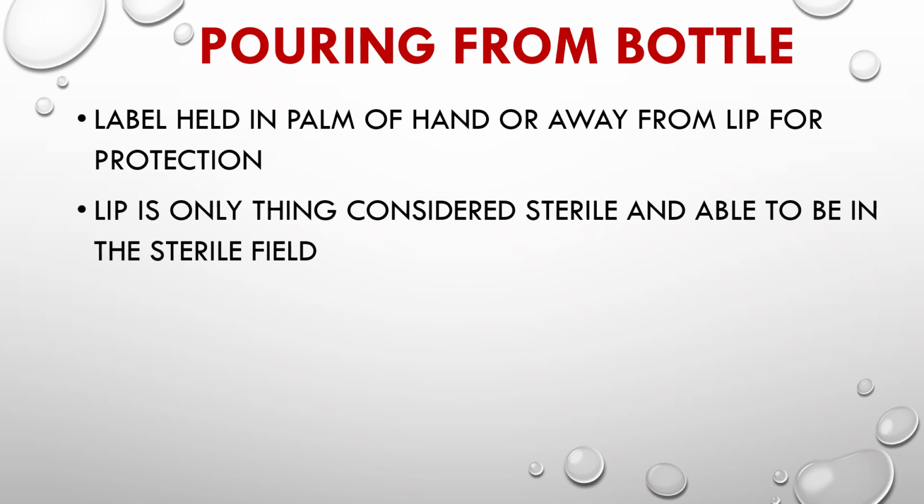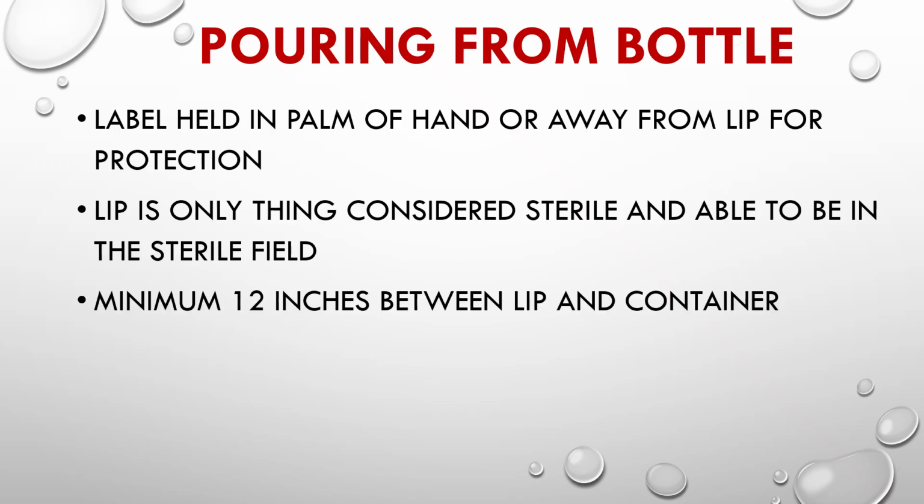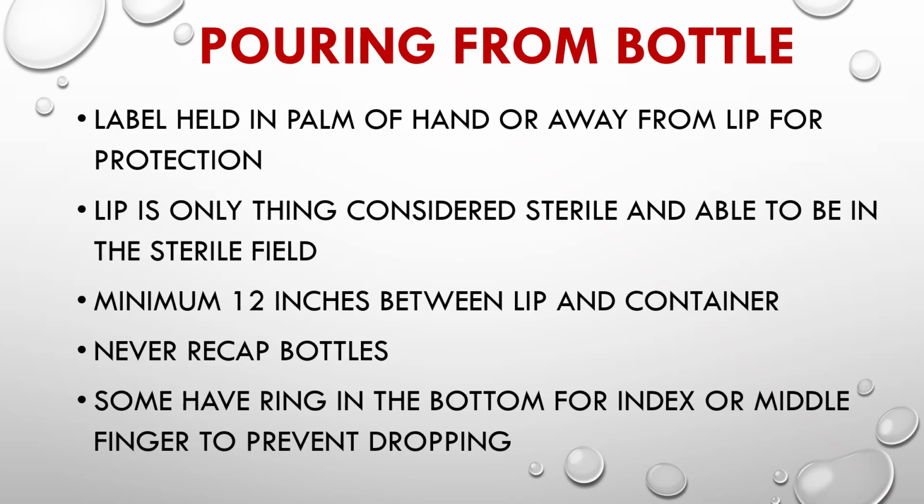So the lip is the only thing considered sterile and able to be in the sterile field. So there's a minimum 12 inches between the lip and the container. And you never are going to recap the bottle because, again, that cap is not sterile. So you don't want to add the possibility of transferring germs to occur.